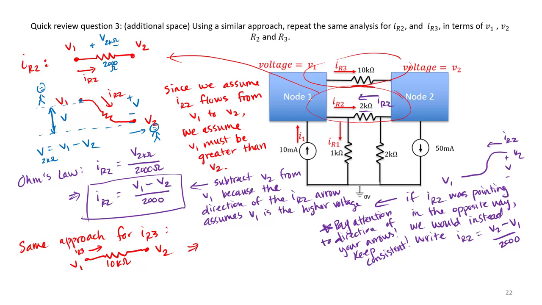So using the same approach as above, IR3 must be equal to our voltage V1 where we started, minus V2 where we end up. But this time we have to divide by the resistance that we're passing through, which is 10,000 ohms. But notice the voltage difference is the same, the resistance is different.